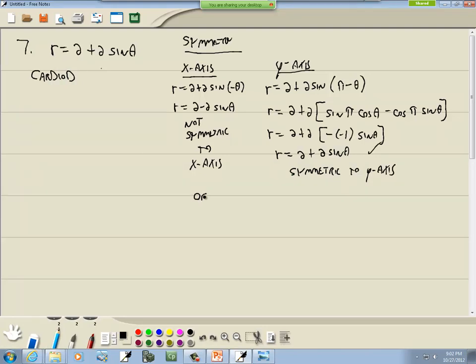So the origin doesn't work. Okay, well that tells us something. That means it's symmetric to the y-axis, which means, as I'm drawing my picture, all I have to do is get this side over here. So if I get this, then I have my graph.